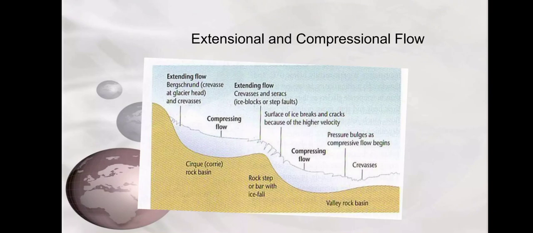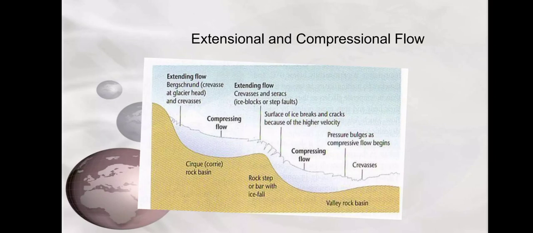So as you see, the white on top of the yellow, which is the bedrock, is the snow. So extending flow: the verge or crevasse at a glacier head, and crevasses.